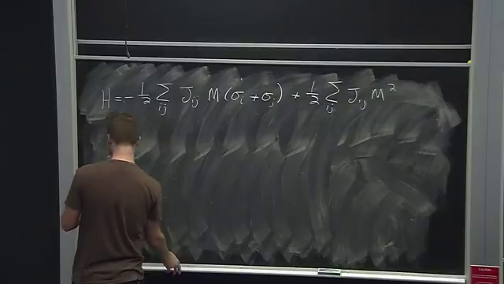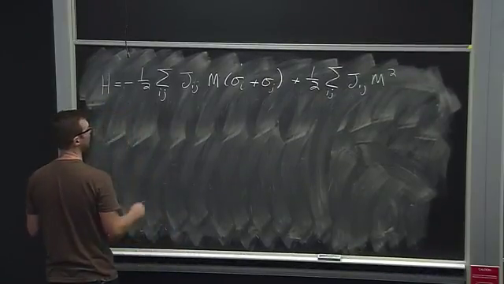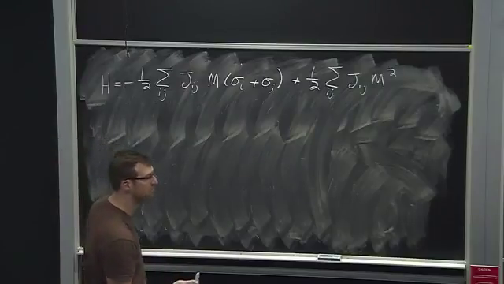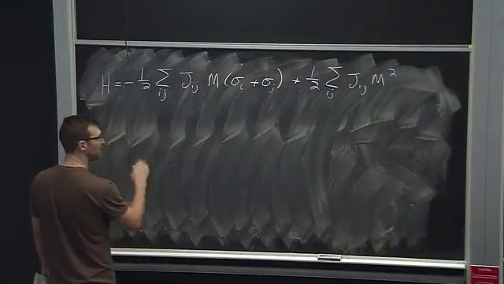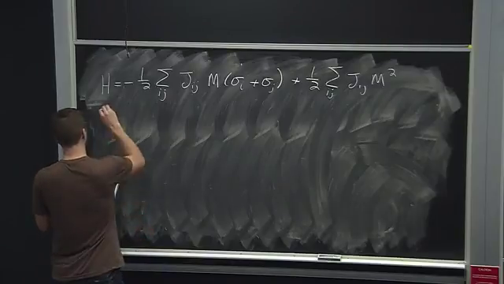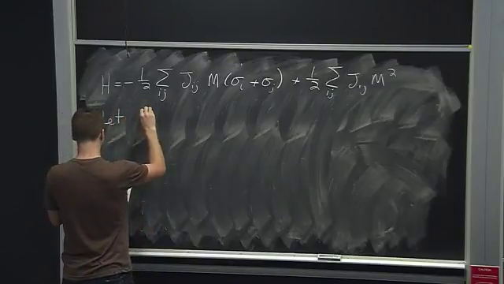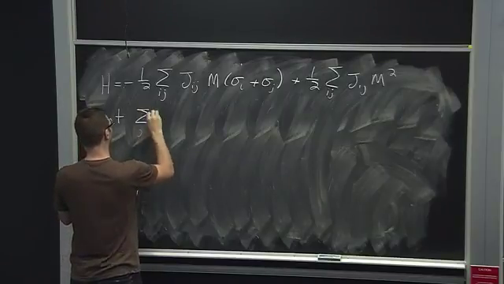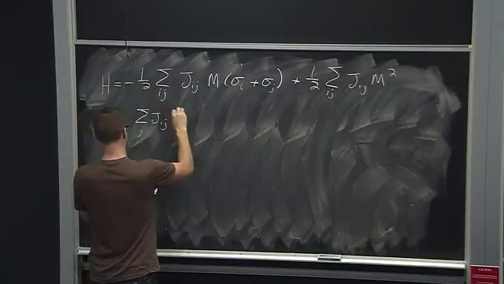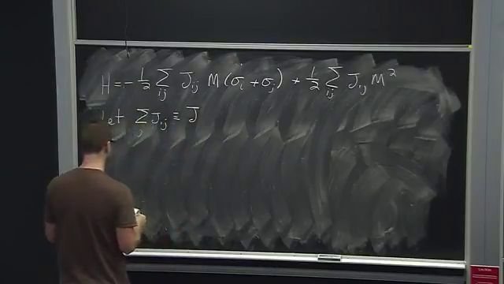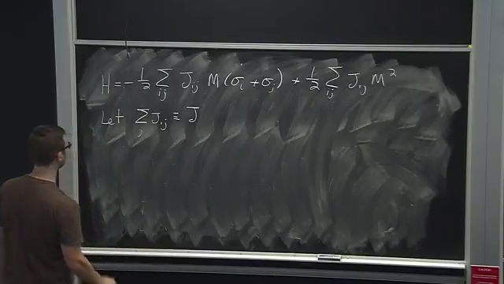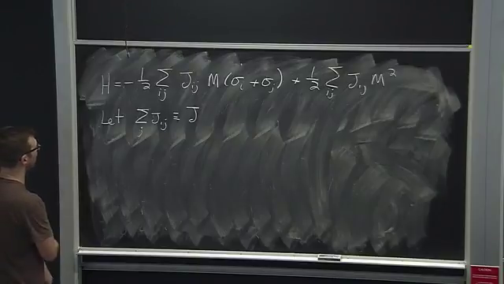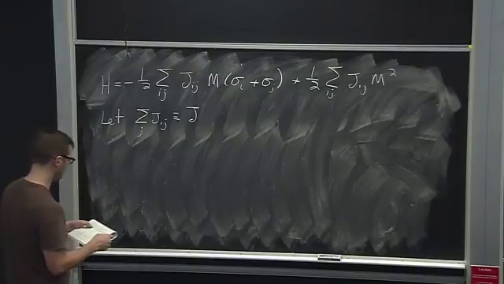So this doesn't depend on the position if I assume that the Hamiltonian is translationally invariant. So let me just simplify this with one more step. And I want to call this something. Let me pull out one sum over j and call that sum over J_ij just equal to J_i.